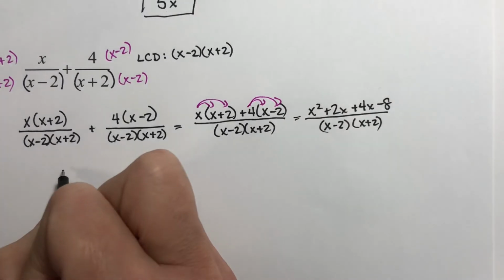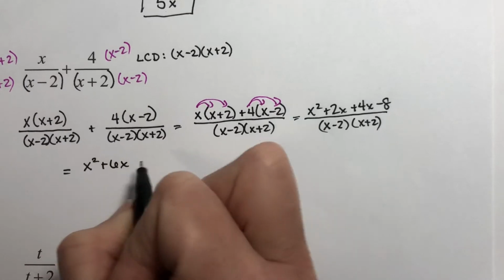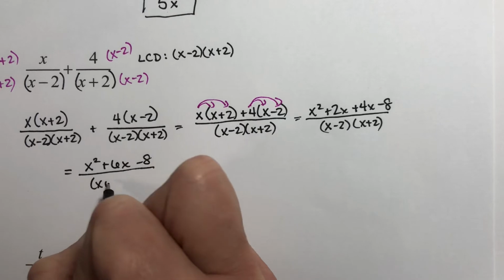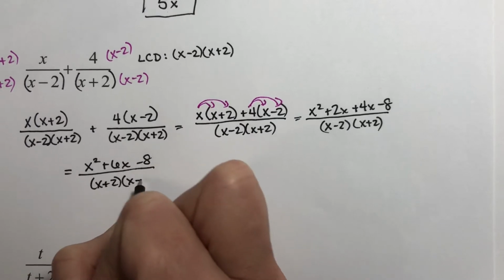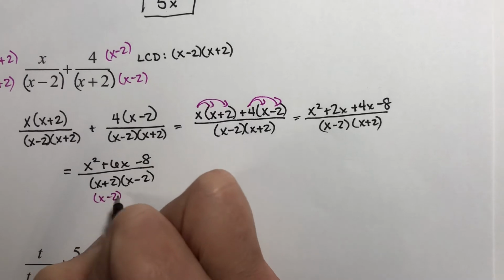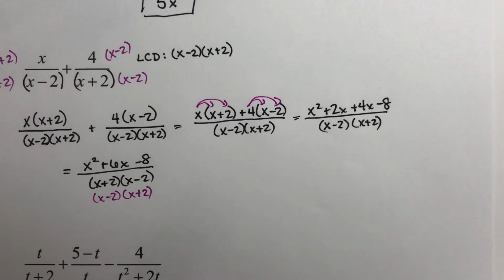Okay, combine like terms in the top. x squared plus 6x minus 8 over x plus 2, x minus 2. And this is the same thing as x minus 2, x plus 2. I don't know why I changed it around, but it's the same thing.